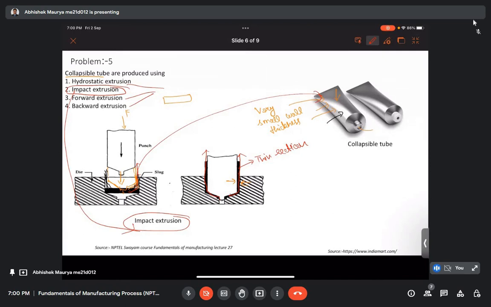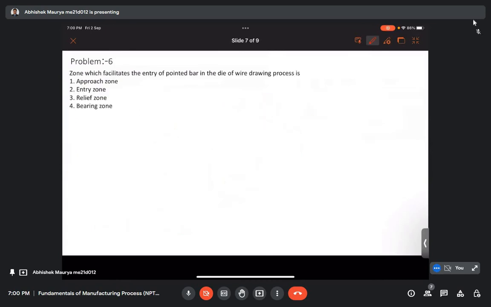If any of you have doubt, please unmute yourself, and if it's clear to everyone, then we shall move to the next problem. Okay, let's move to the next problem. Please read the question. It is related to the wire drawing process, and please try to give your response in the polling section. Meanwhile, I will create the poll.